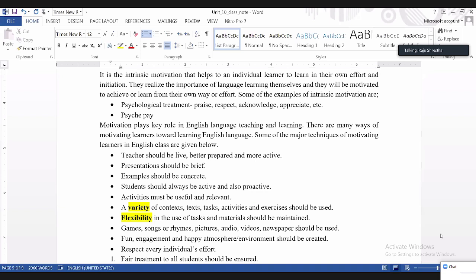So why don't we respect, acknowledge, appreciate, to motivate them in learning language, then ultimately they explore their inherent potentiality. So respect is necessary, then appreciation, and then acknowledgement.